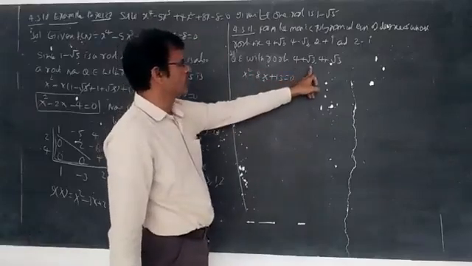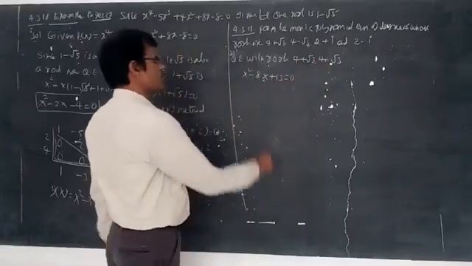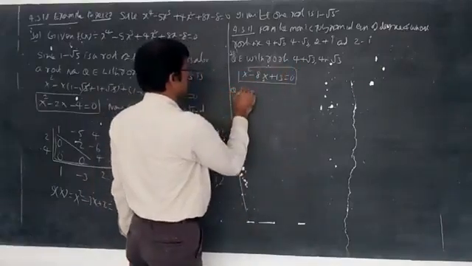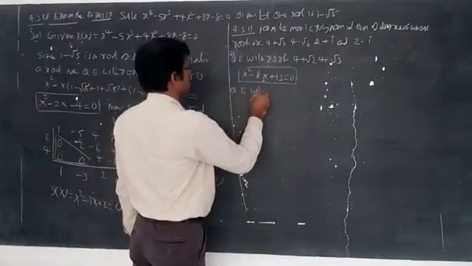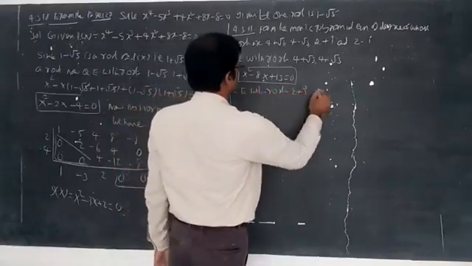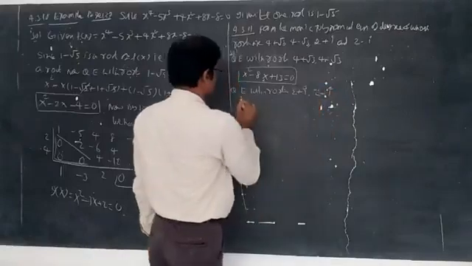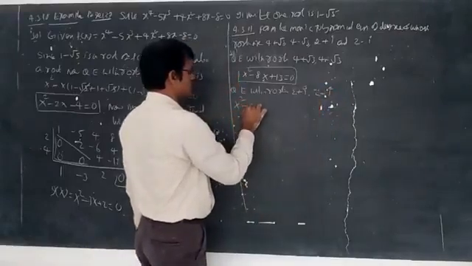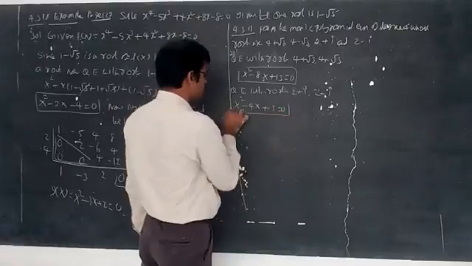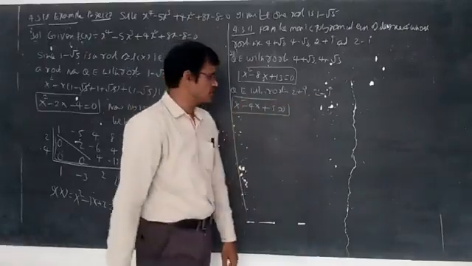This is 4 plus root 3 and 4 minus root 3, which becomes 8x. So this is a quadratic equation: x square minus 8x plus 13. Next, write another quadratic equation with roots 2 plus i, 2 minus i. This is also the same concept: x square minus 4x plus 5, because this is the a plus ib into a minus ib concept.